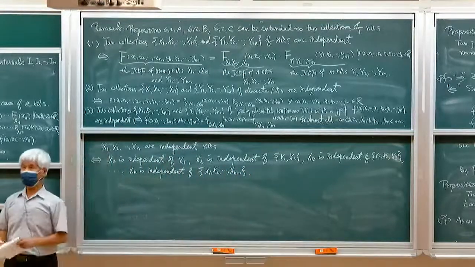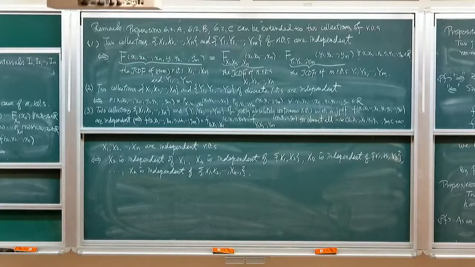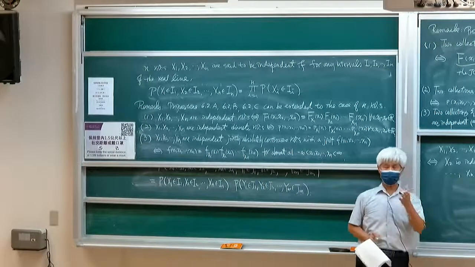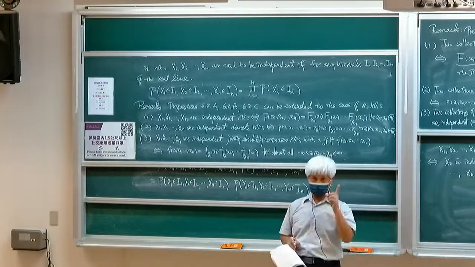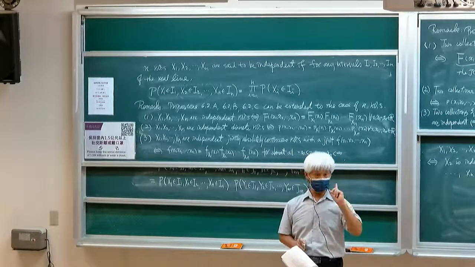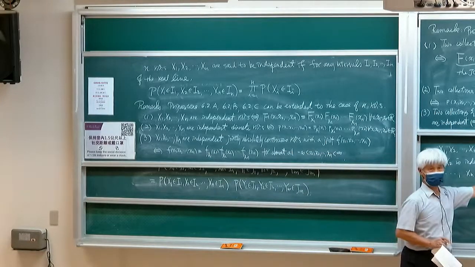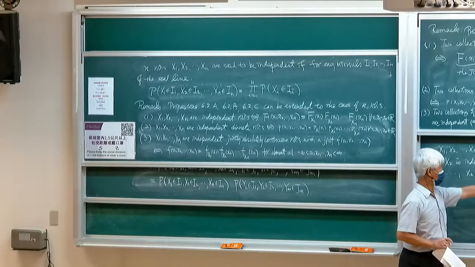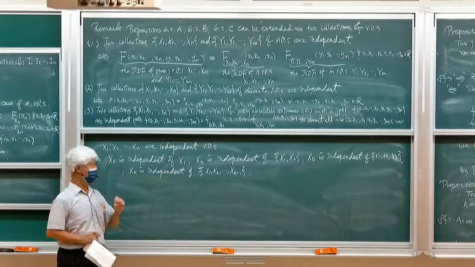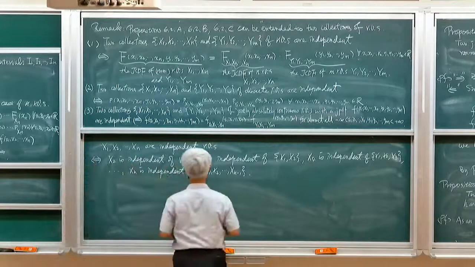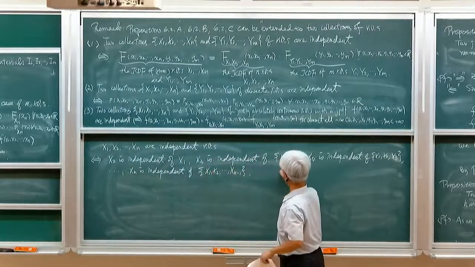So you can use the concept of independence of two collections, because a single random variable can be considered as a collection with only one member. So x1 and x2 can represent two collections, and they are independent. So x2 is independent of x1, then x3 is independent of x1 and x2 together.